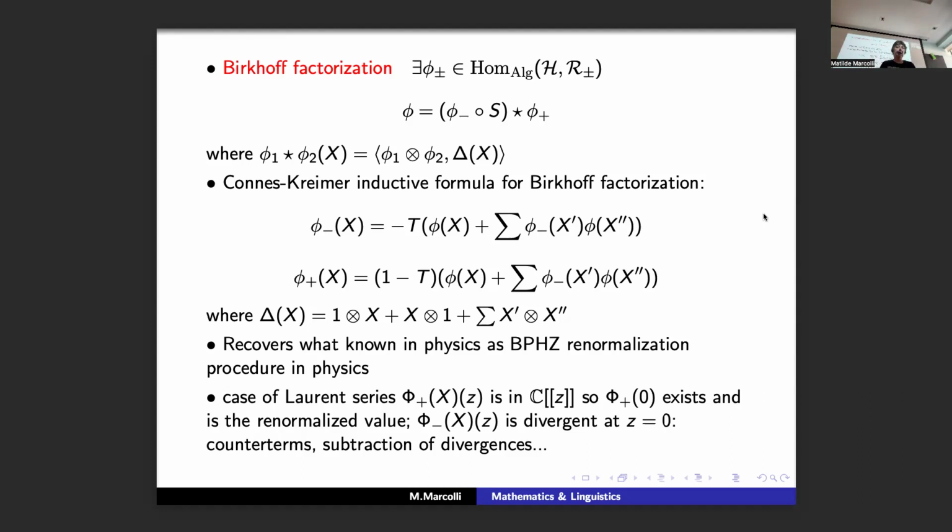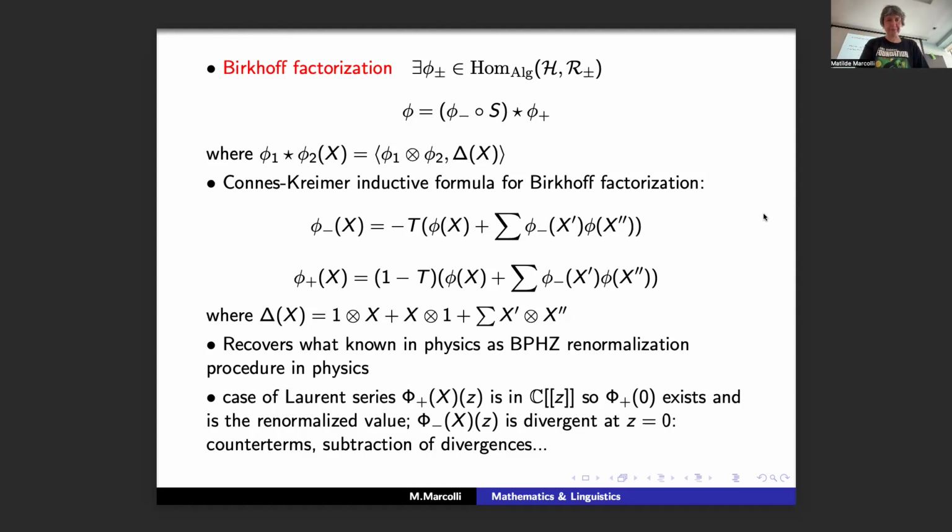Of course, in the case where your target is indeed Laurent series in one variable, then this phi plus is now something which is just a power series. So it has a well-defined value at 0. And this is the actual renormalized value that you want to take. And this is what counts as the divergent part.